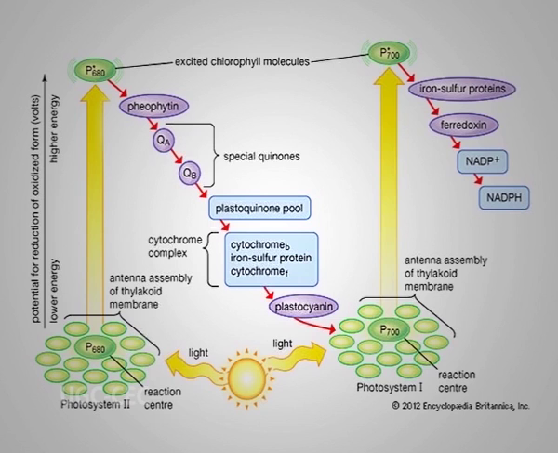The high energy electrons leaving the reaction center of photosystem 1 make their way through a different series of oxidation-reduction reactions. During these reactions, the electrons are picked up by NADP+, which is reduced to NADPH. Thus, the primary result of photosystem 1 is the production of NADPH.